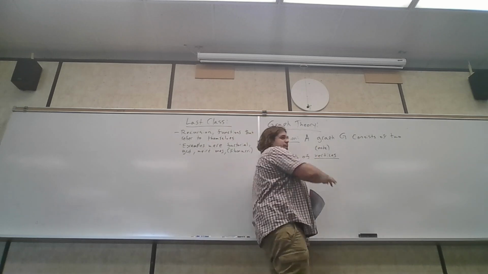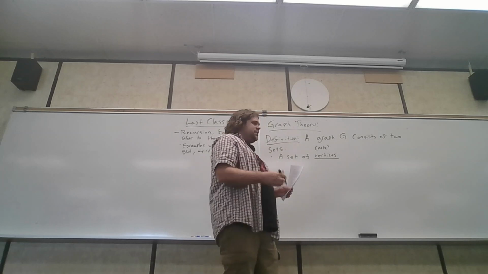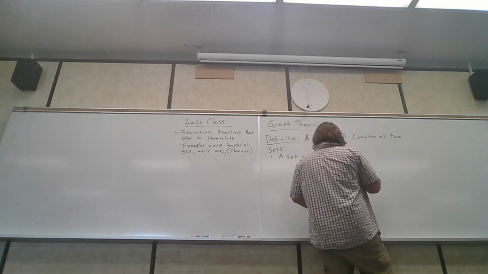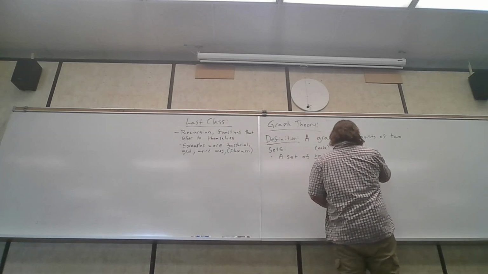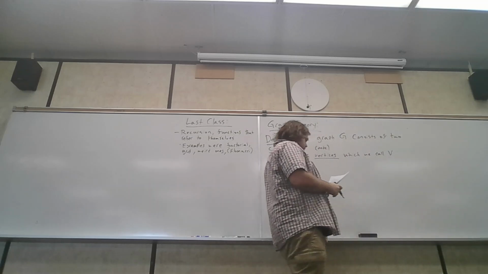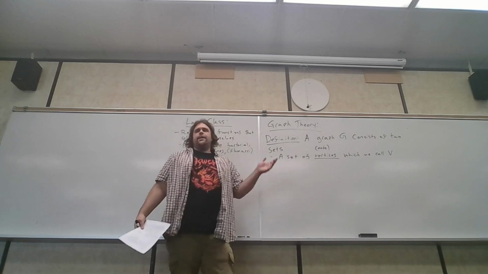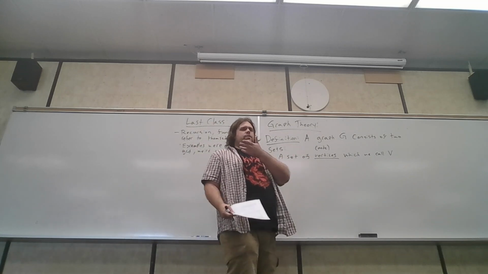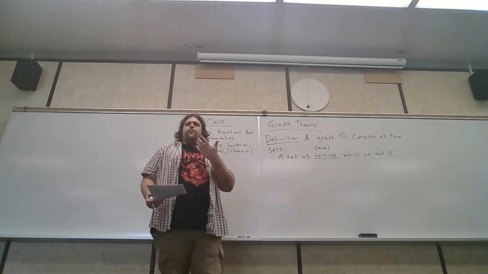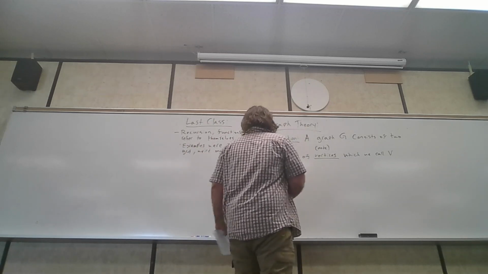I might use them interchangeably, but I'm going to try to stick to vertex and vertices because that's the math word. Which we call V. This is usually just a set of labels. It's either going to be letters or numbers or strings, whatever. It's basically labels that we're going to use for points.